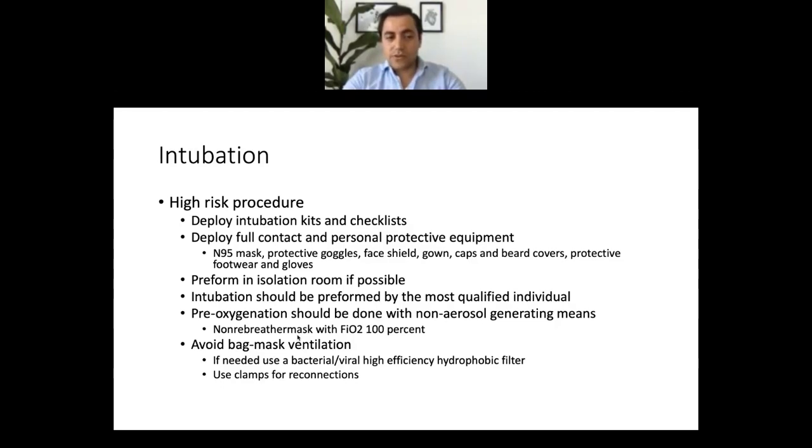So you should use the non-rebreather mask with 100% oxygen. And after the patient is induced and sedated, you should avoid bag mask ventilation. If you do need to use bag mask ventilation, use a filter and use a second person to assist you, and use clamps for reconnecting to the mechanical ventilator.